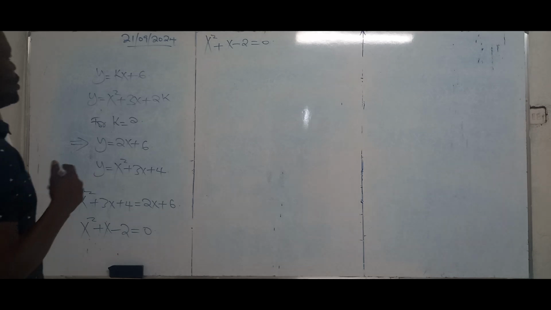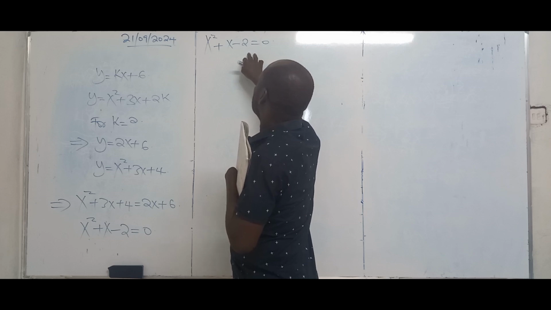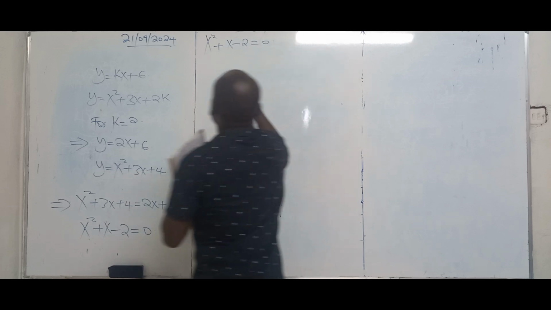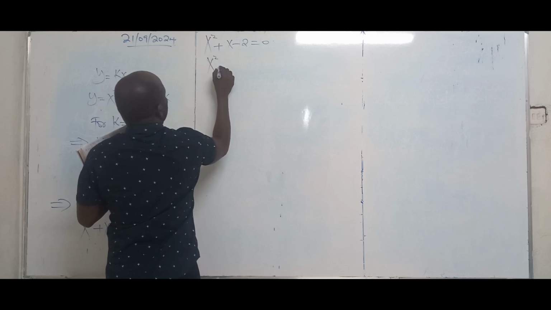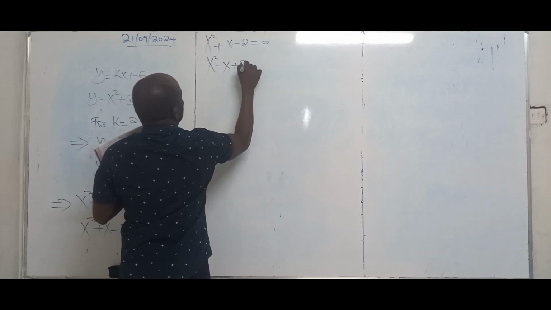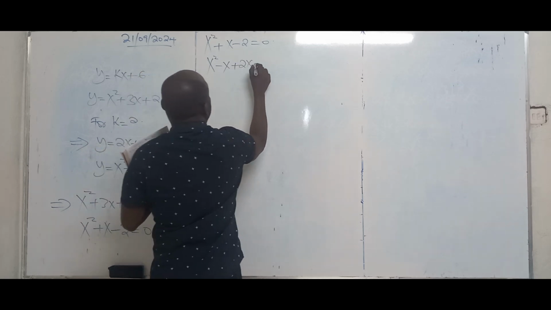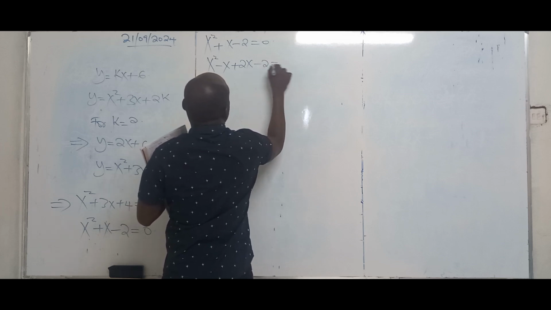That will be x squared minus x plus 2x minus 2 is equal to 0.